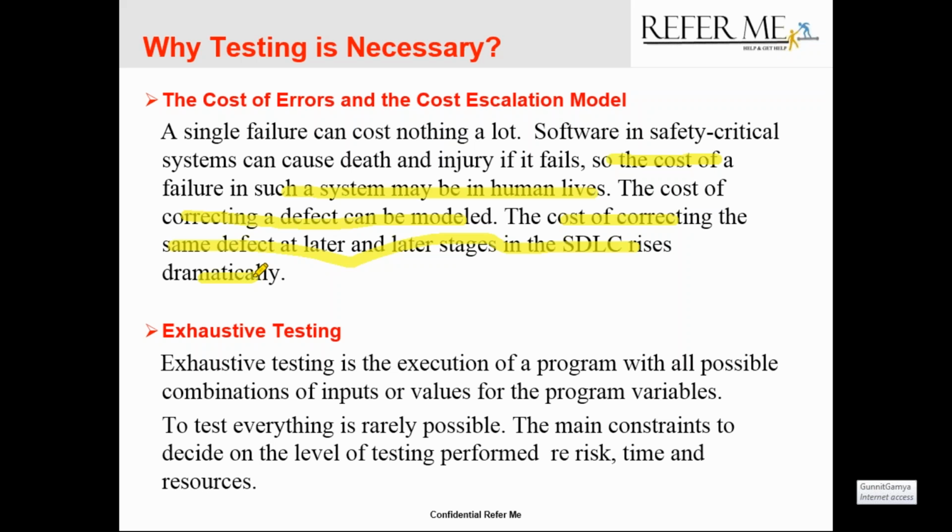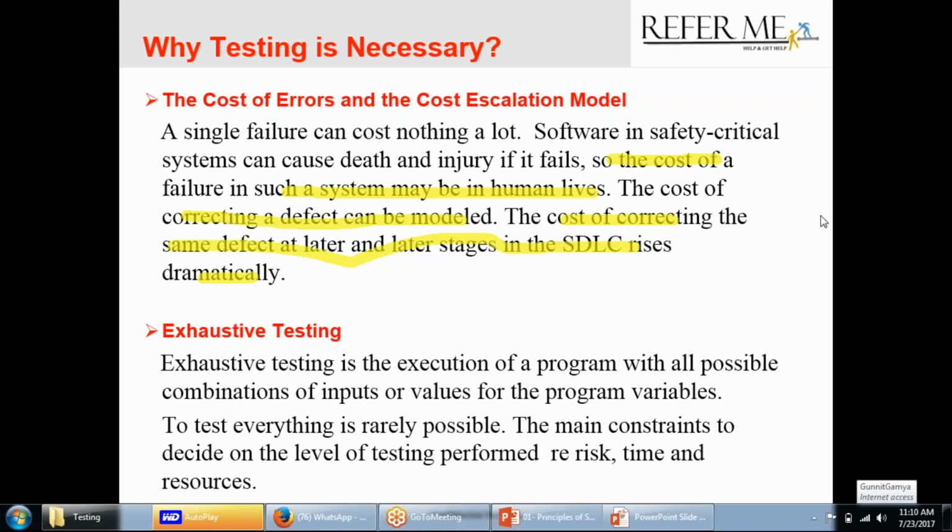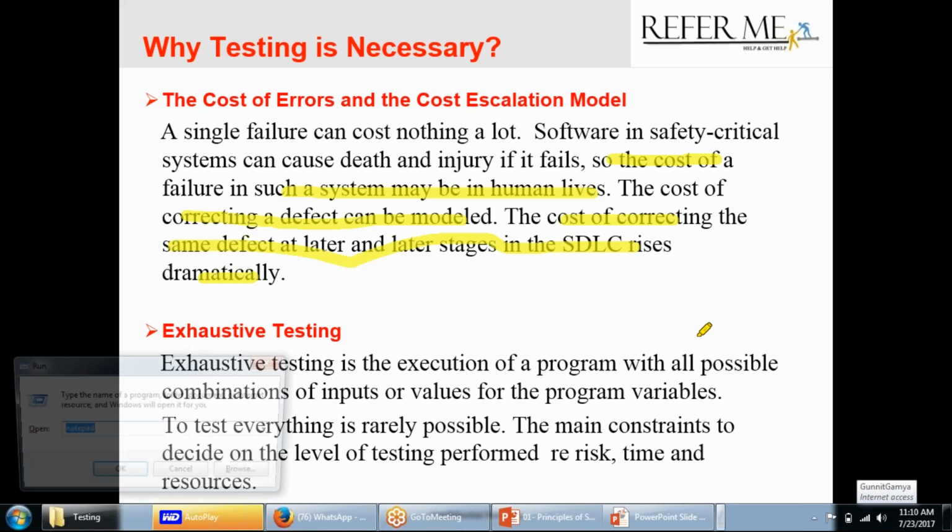Now, what is exhaustive testing? Exhaustive testing means I cannot test my application with each and every test case. What is the meaning of that? Let me ask a very simple question from you guys.